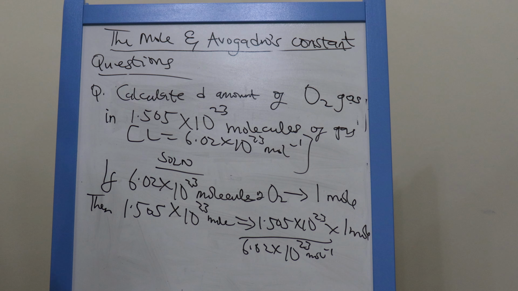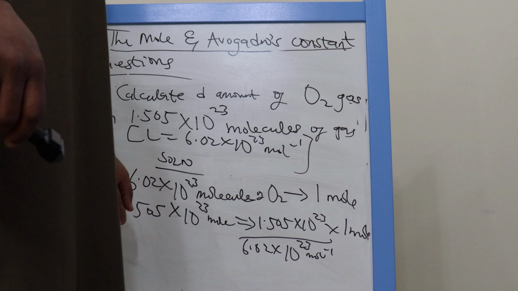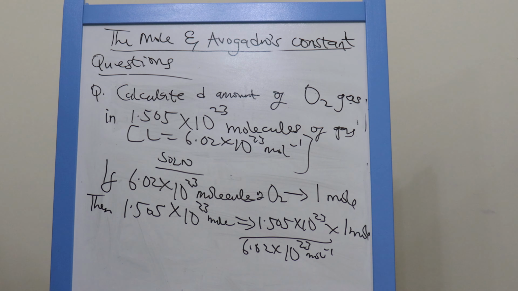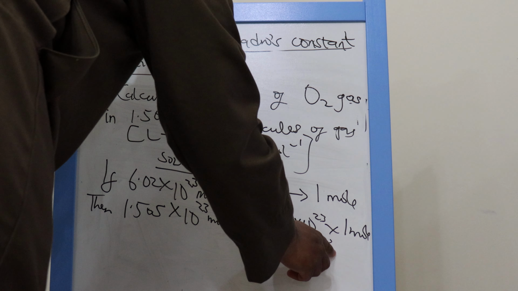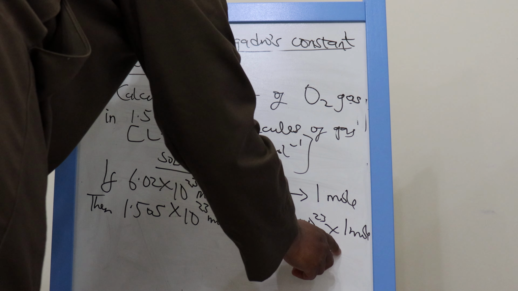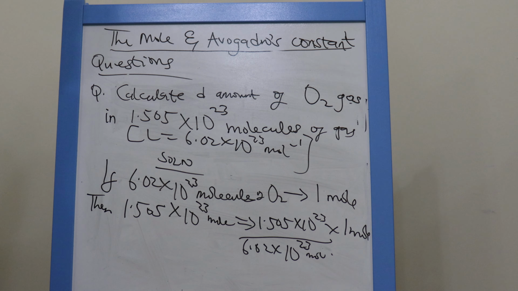You see, if 6.02 times 10 to the power 23 molecules contain 1 mole, then 1.505 times 10 to the power 23 molecules will contain what? Not per mole, molecules. We are talking about molecules here.